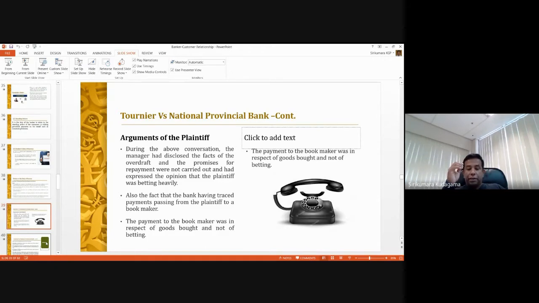And the fact that the bank, having traced payments passing from the plaintiff to a bookmaker, a gaming and betting place. There are payments going to a particular place where gaming and betting is taking place. So the bank gave the insinuation or indication to the employer that this man must be into some kind of addiction, some gaming.